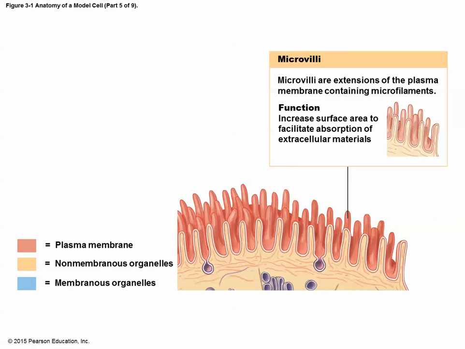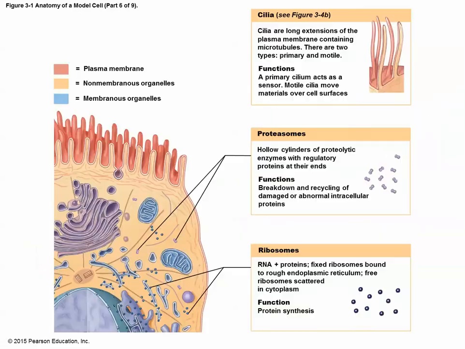So we'll see these in the intestine, especially the small intestine, where a lot of the nutrients are absorbed. These microvilli allow far more contact of the plasma membrane with the extracellular fluid that has these nutrients in it, and it helps bring those nutrients across the plasma membrane in much greater amounts.